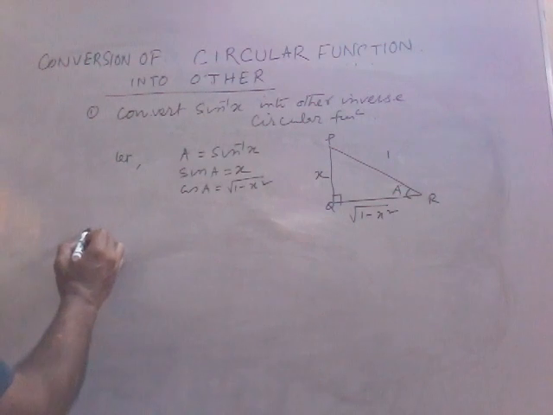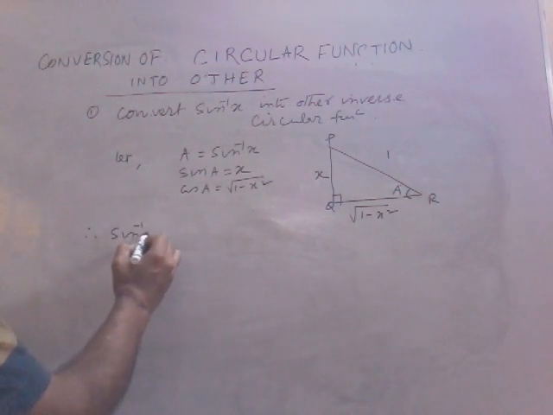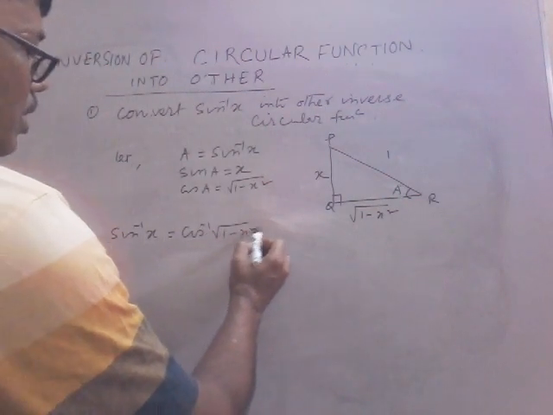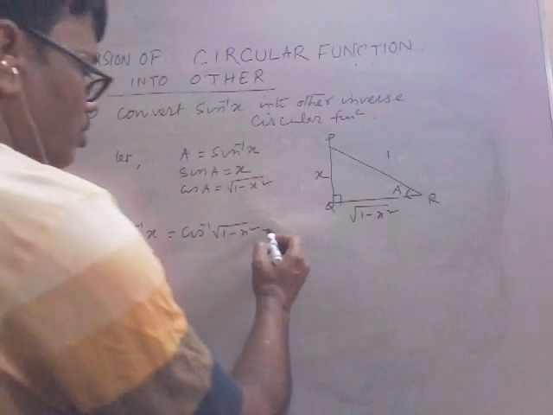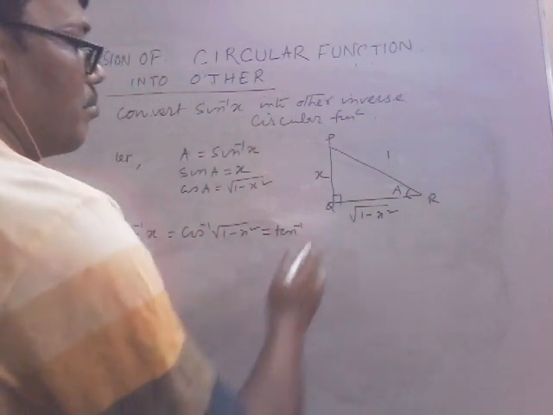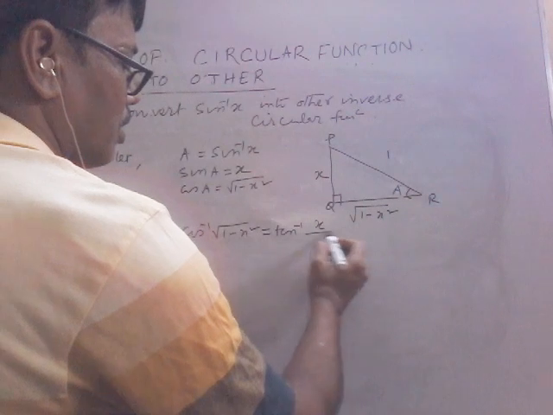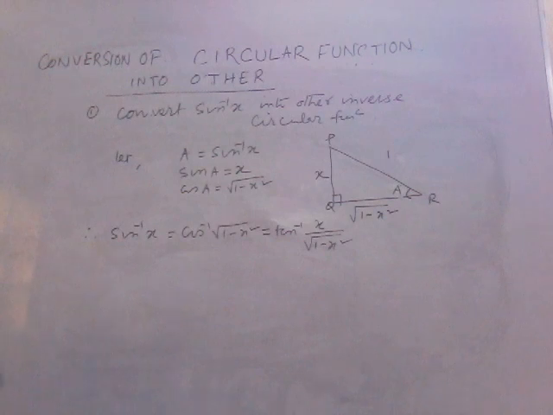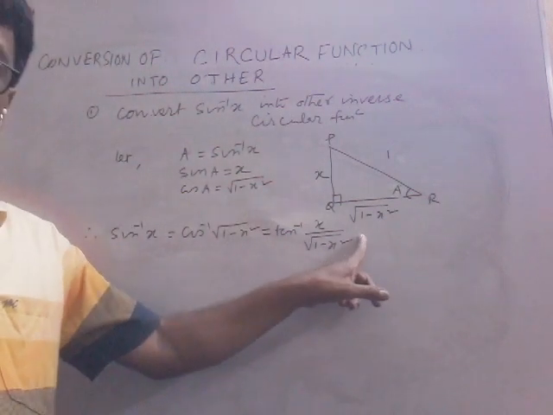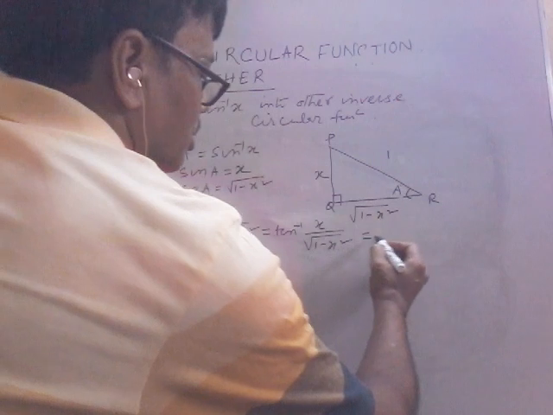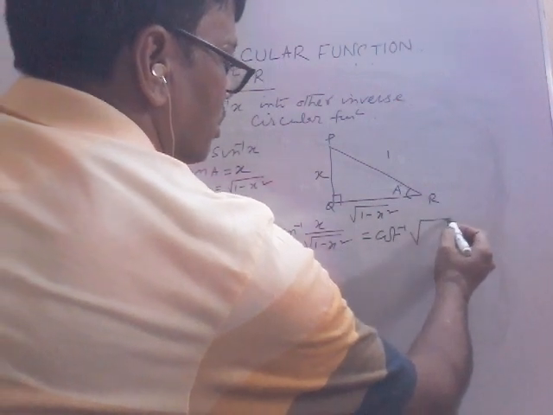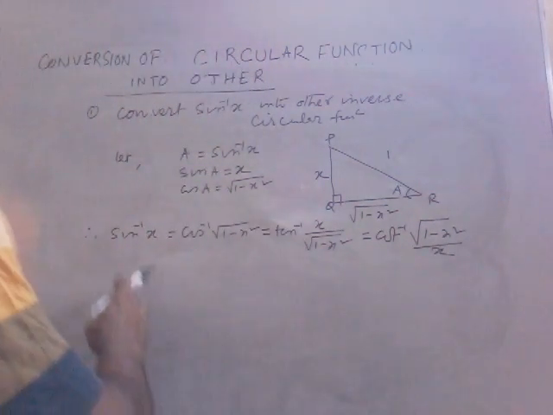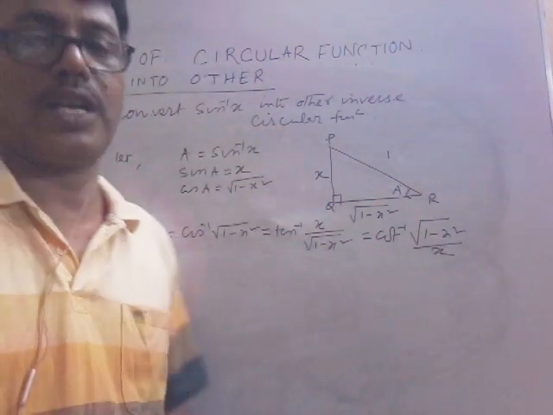So write, therefore, sine inverse x equals cos inverse root over 1 minus x square equals tan inverse. What is tan? Perpendicular by base. So x by root under 1 minus x square. If you know tan, then what is the reciprocal of it? This is cot inverse root over 1 minus x square by x. Sine inverse equals cosec inverse and so on.